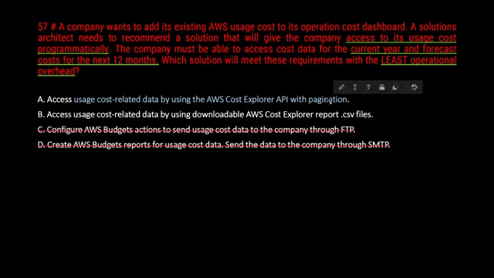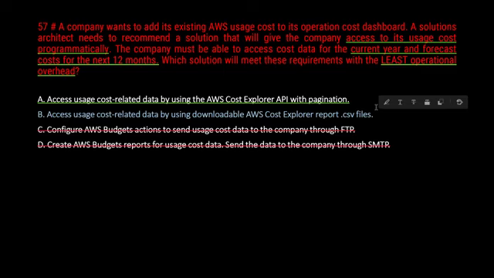Because you can access data from AWS Cost Explorer programmatically using the Cost Explorer API. Each paginated API request incurs a charge of about 1 cent. And you can't disable Cost Explorer after you enable it. So remember that. But this is the only way that you can have access to Cost Explorer programmatically. So let's cross this out.